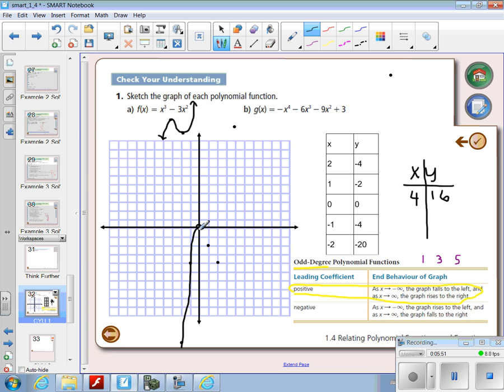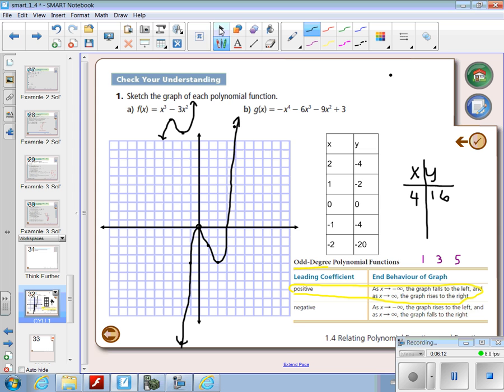I'm drawing this freehand here at home, so you'll be patient with me. Not bad. Up through that point. Boom. How does that look? Put the arrows on to suggest it continues. Notice it falls left and rises right.